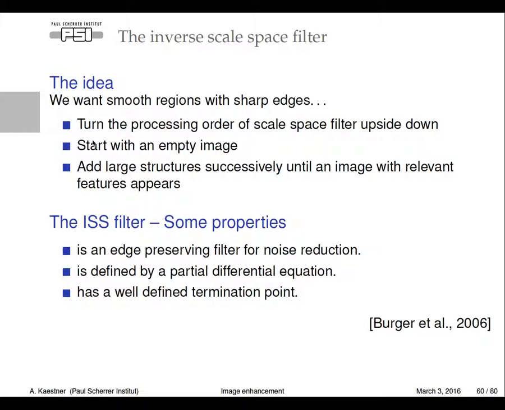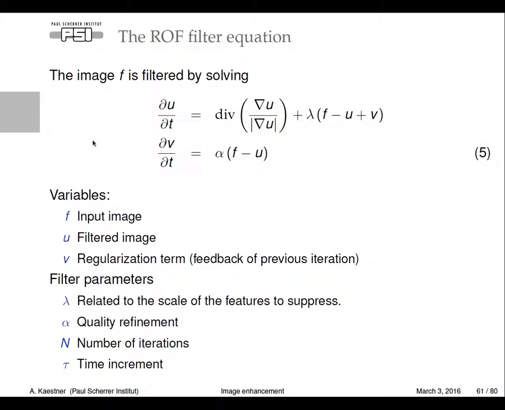That's more relevant for the enhancement of noisy images, because you want to see the large features. The ISS filter is very good at being edge preserving. It's based on partial differential equations, and it also has a pretty good termination point, depending on how you implement it.